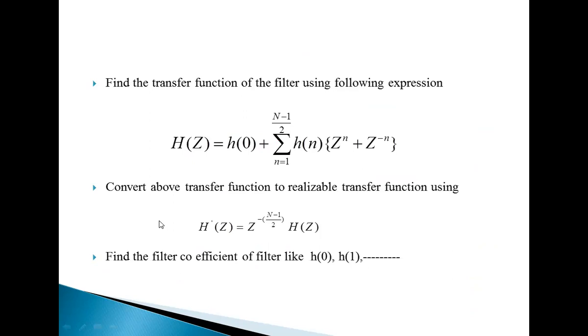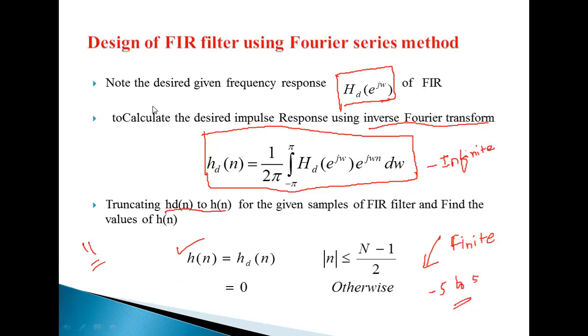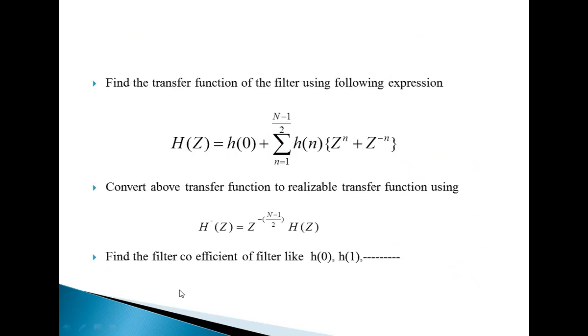Okay, the next we need to find the transfer function. We know the definition of the Z transform. So we are calculating the transfer function with the help of the Z transform definition again.